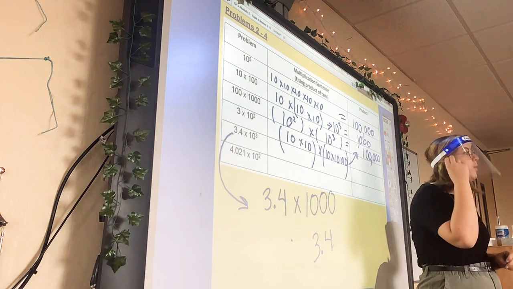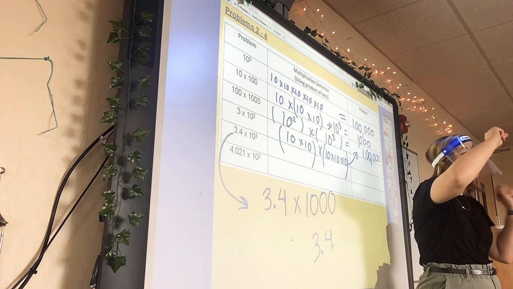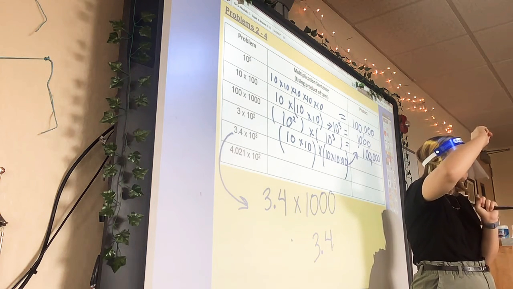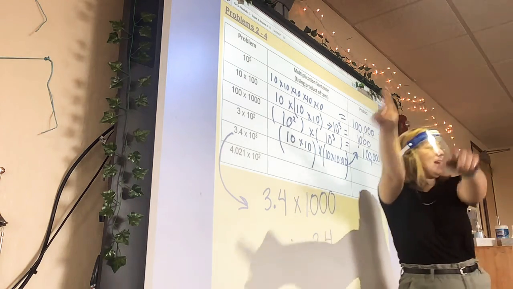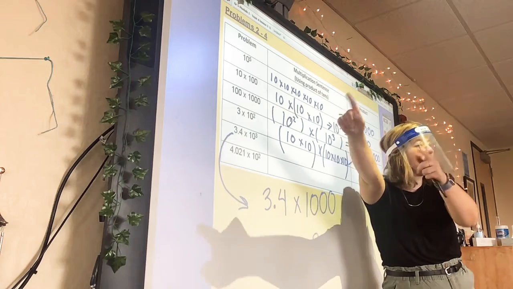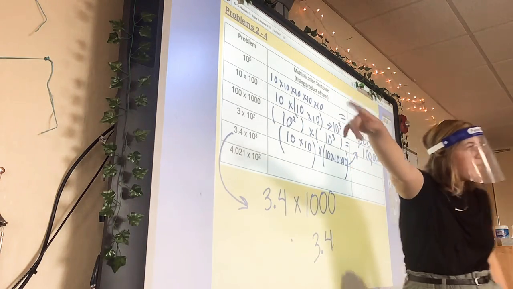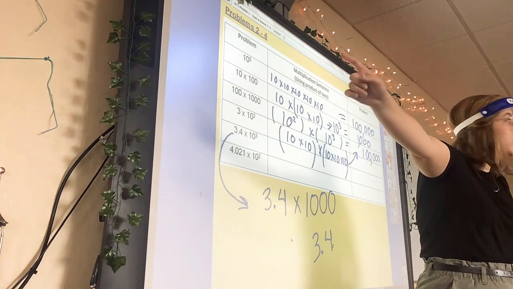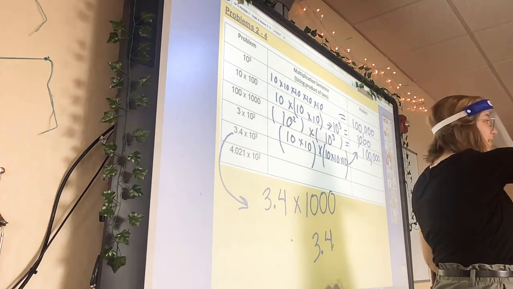When I snap my fingers, point that direction. What direction do the numbers move on a place value chart when I multiply? That way. The numbers move that way. Okay? So keep pointing that way. The decimal moves the opposite way. So what way is the decimal going to move?